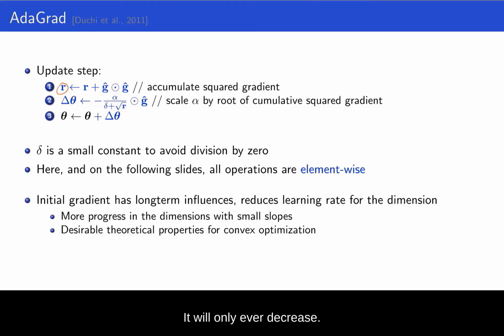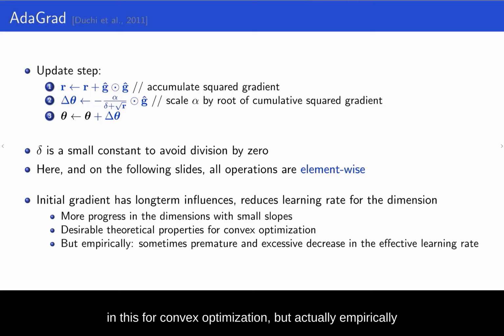It will only ever decrease. And there are some desirable properties in this for convex optimization, but empirically in deep learning, Adagrad sometimes has premature and excessive decreases in the effective learning rate, and it can't ever recover from having reduced the learning rate for a particular dimension too much.